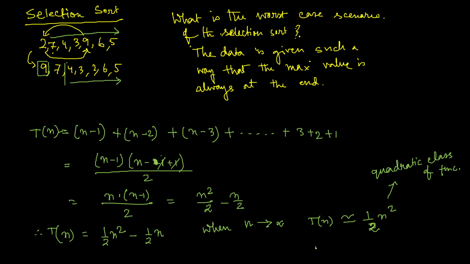So that's why I can write that Tn is again equal to big O of n square. So in case of selection sort, we can also see the complexity is Tn big O of n square.